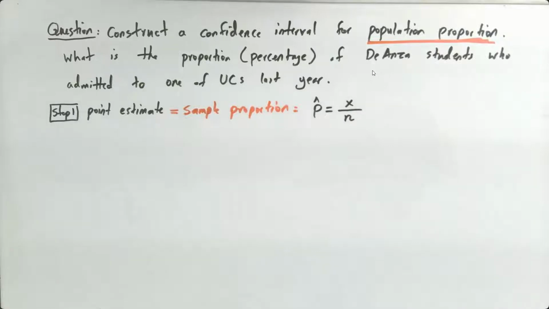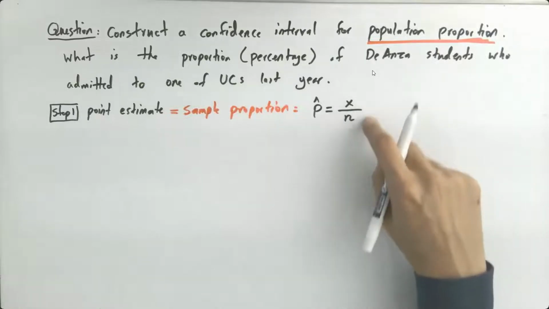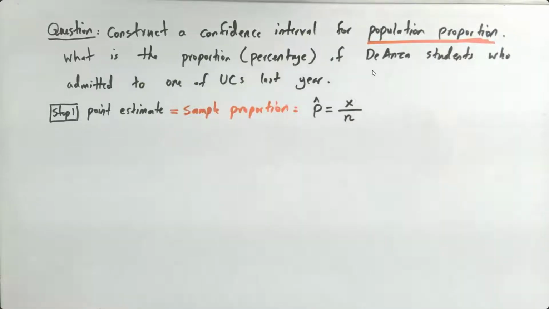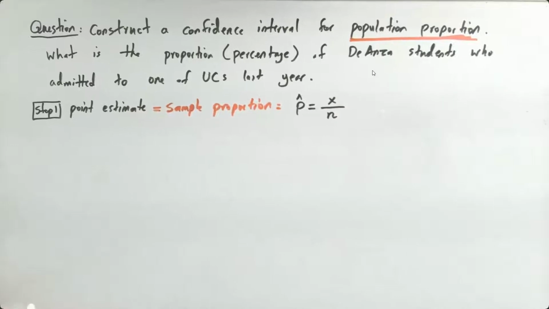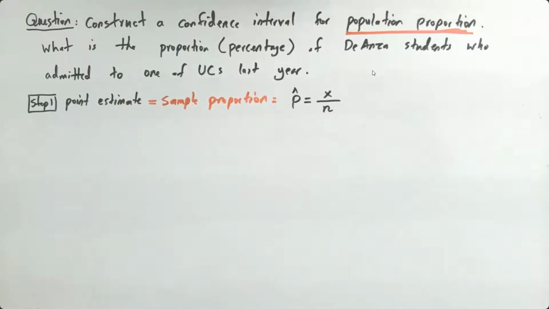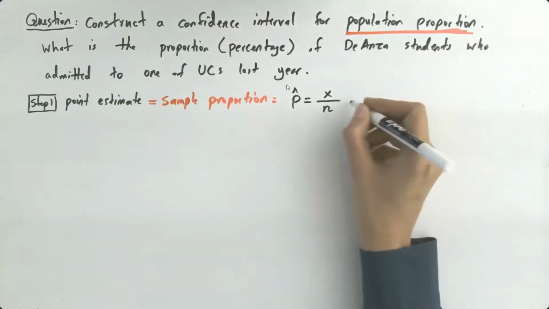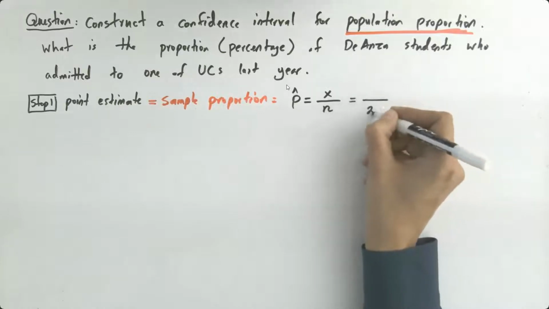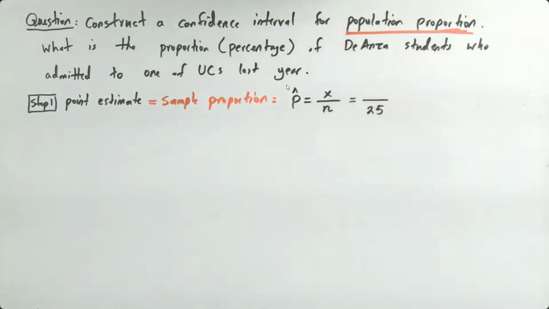All right. Well, how do I find x? How do I find n? I'm going to take a random sample. I take a random sample and I ask students in this class, did you get admitted to UC last year or not? So we run the poll. We collect the data. I have 25 students who responded to the vote.